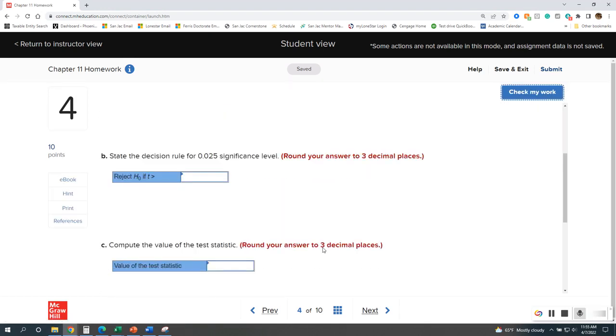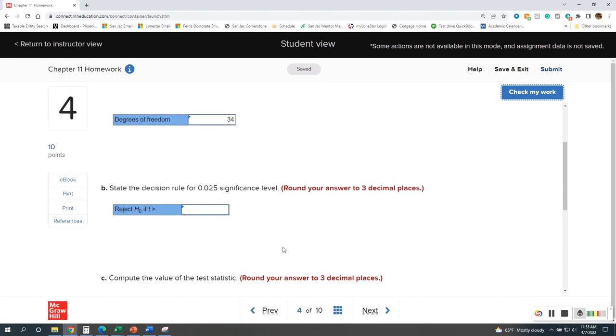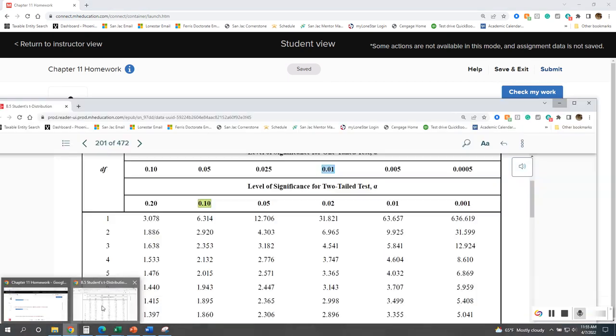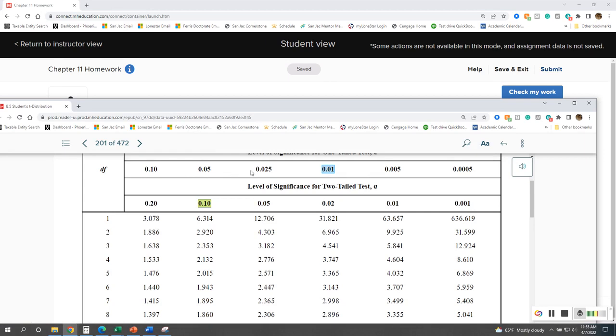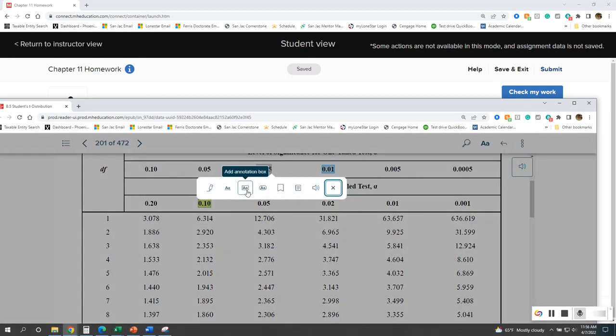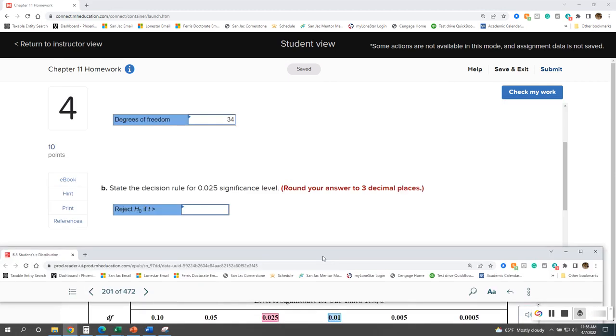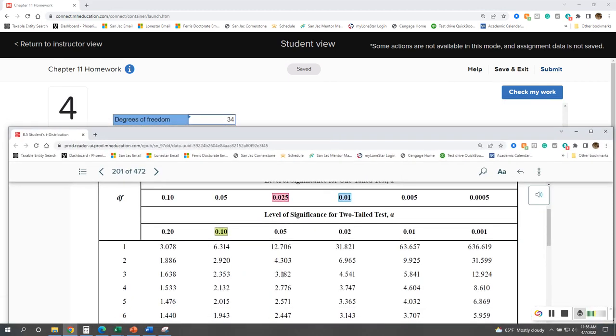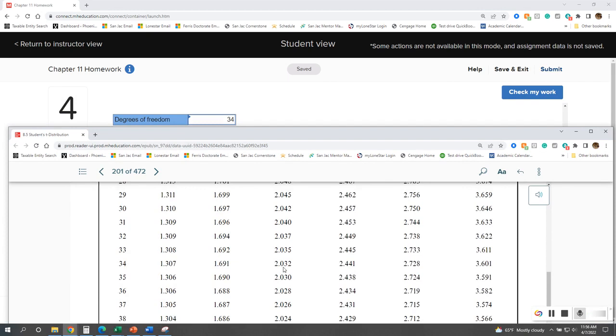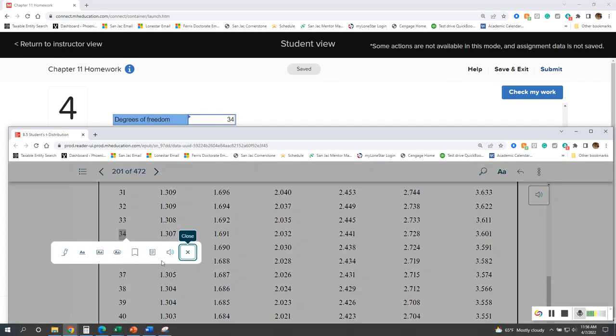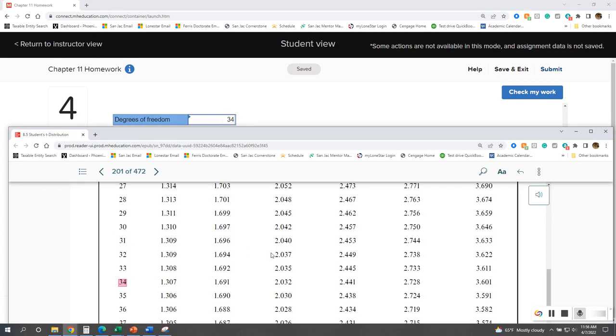let's go find our answer to our decision rule using our table. And now I have 0.025. Put this in pink. Okay, and we're going to go to row 34. This is going to be the row that we're going to be using. Okay, in pink.